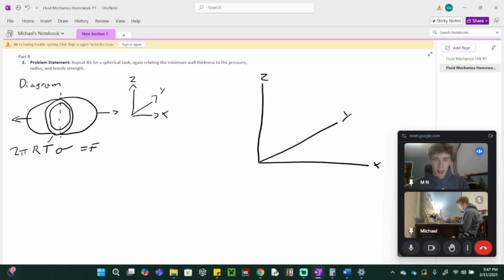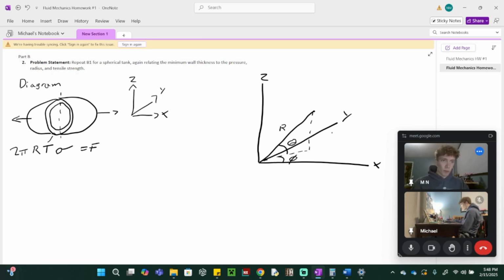So we can imagine some vector that comes out and is touching the inner wall of our tank. So this length would be r. And it would be related to the xy plane by some angle theta. And if we look at a projection of this vector down, it would be related to the x-axis by some angle phi.